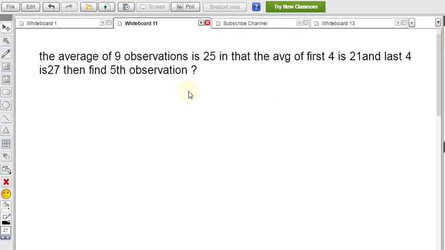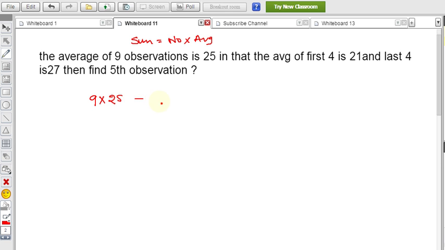Average of 9 observations is 25, first 4 is 21, last 4 is 27. So according to our rule, from the total we'll subtract the first 4 and last 4. Sum is equal to number into average. So in the first case, 9 numbers with average 25.